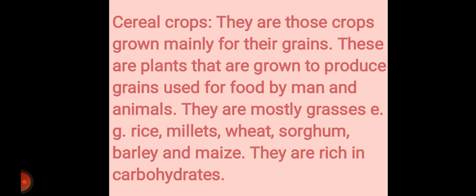We have number one, cereal crops. We're taught in class that cereal crops are majorly grains. They are majorly crops that produce grain, and they are grown for their grains. They are not grown for their leaves, they are only grown for their grains.